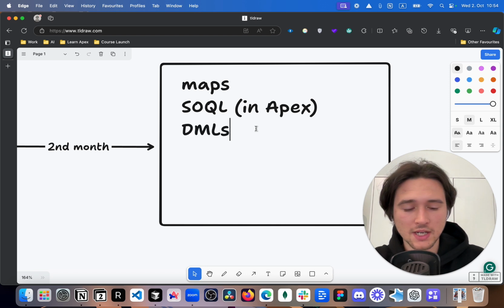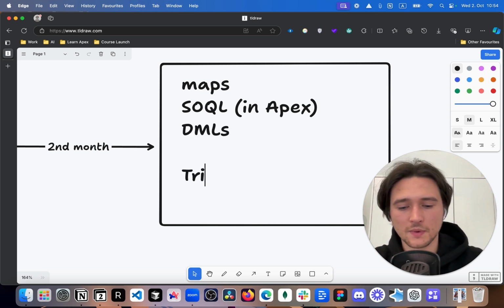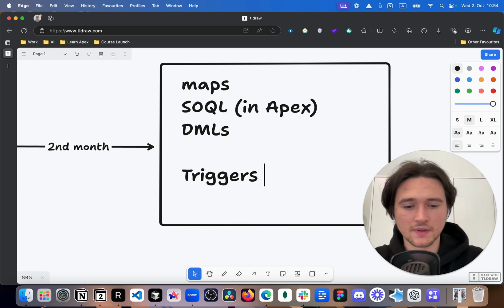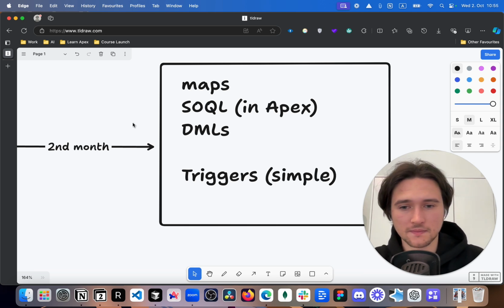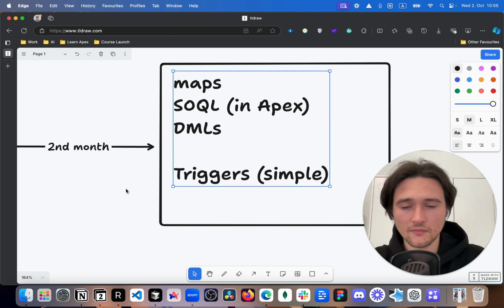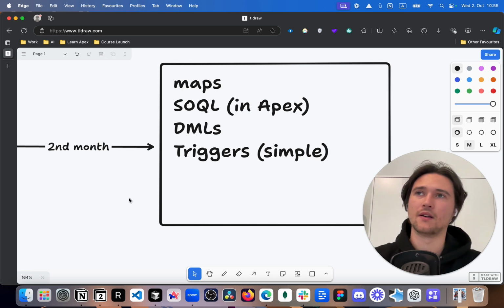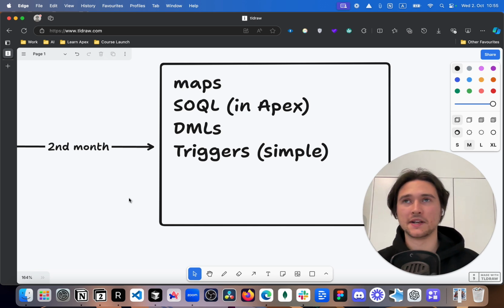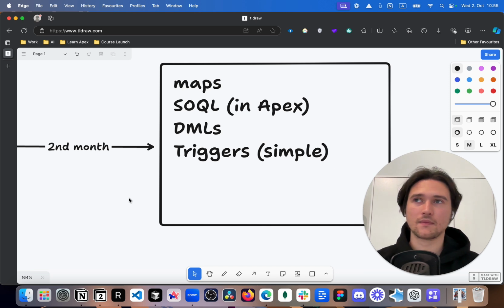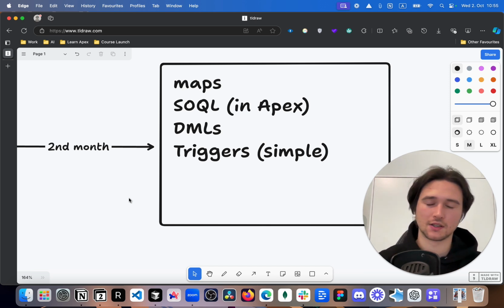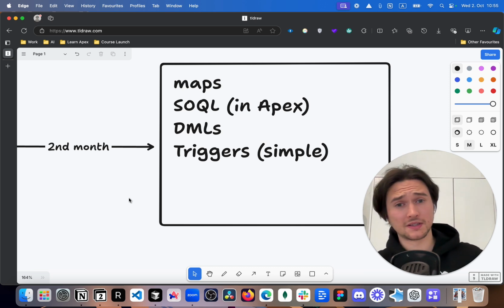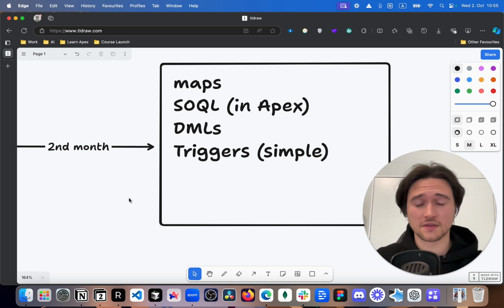Then at this point I usually start with triggers, but with simple triggers. You're going to find a lot of information on the internet like, this is a best practice, this is not a best practice, use trigger framework, use trigger handlers, all of this.